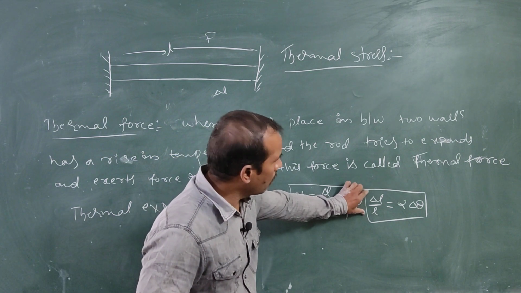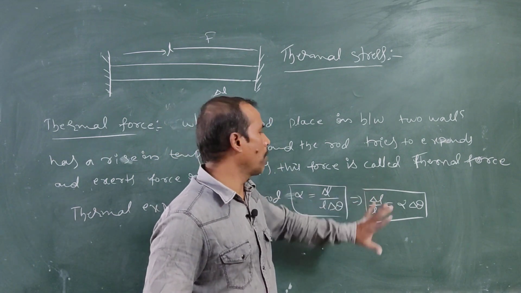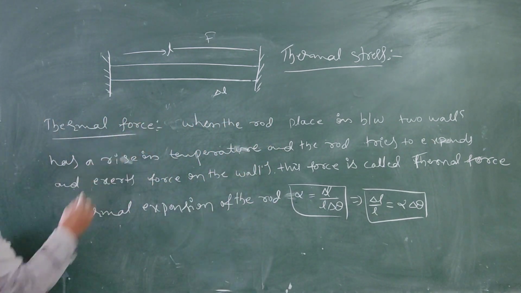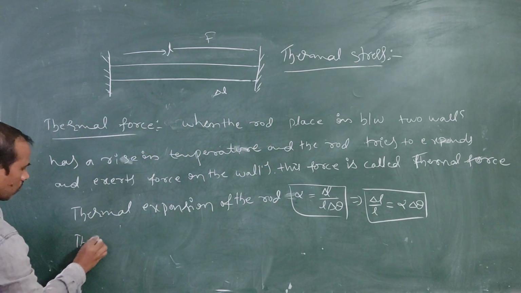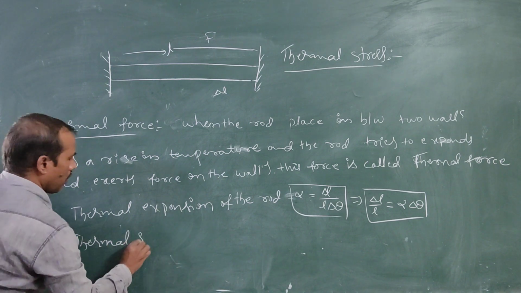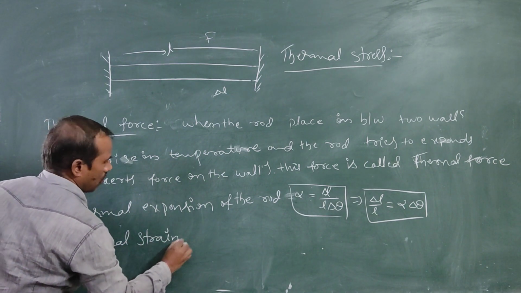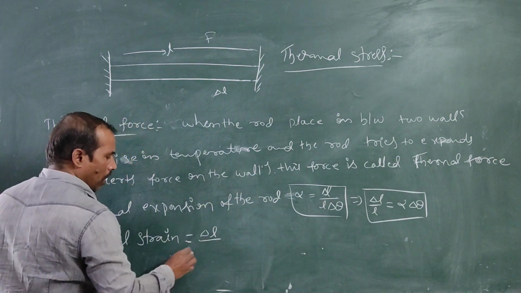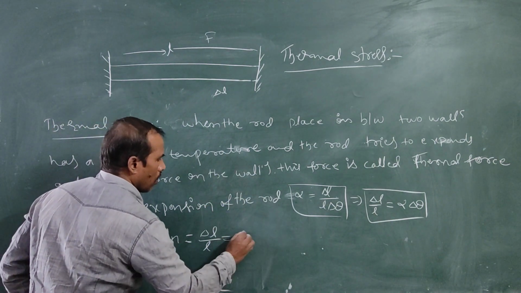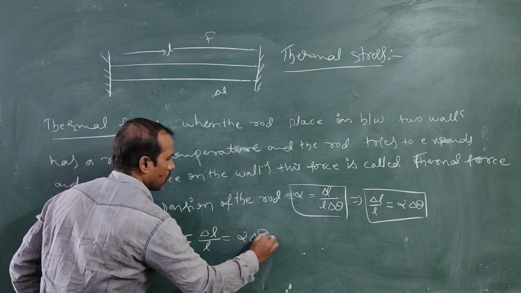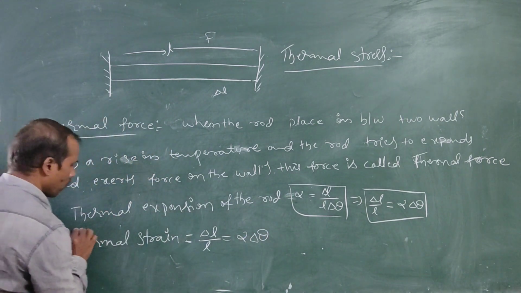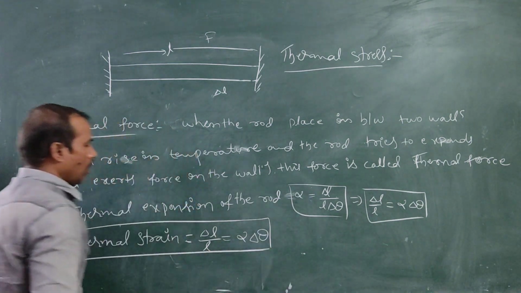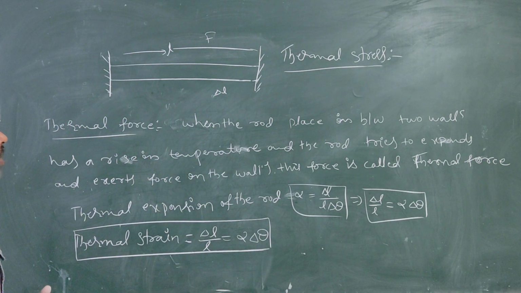This is called thermal strain. So thermal strain is equal to delta L by L, which is equal to alpha delta theta.